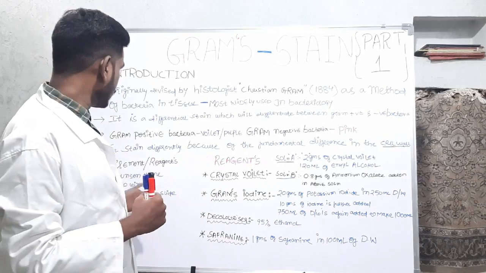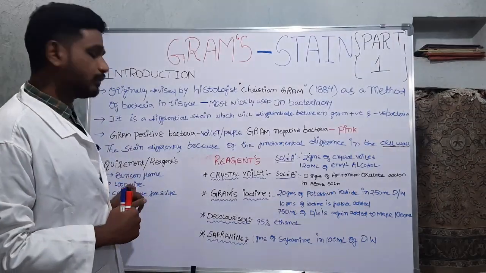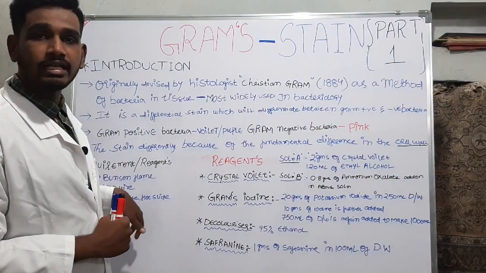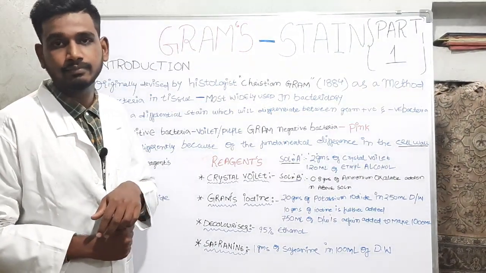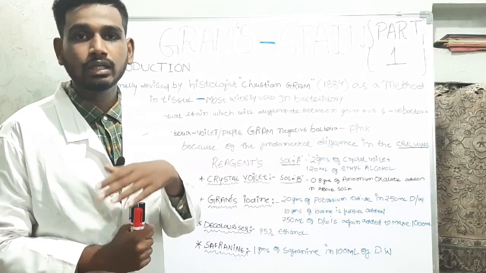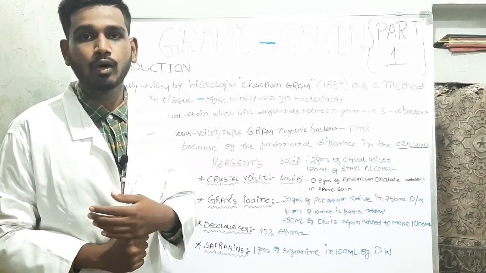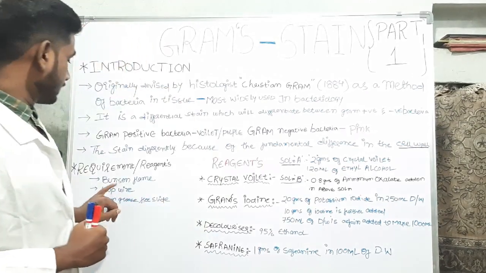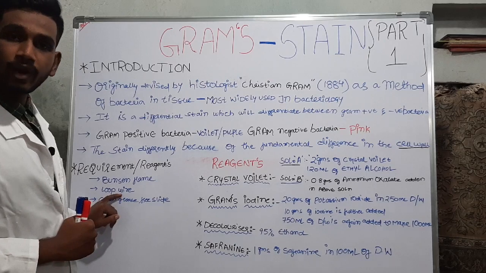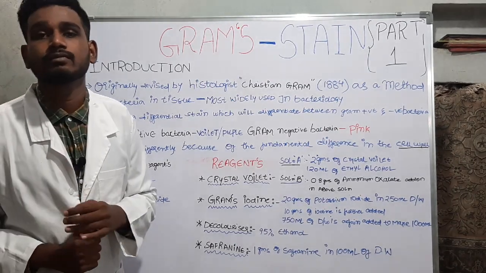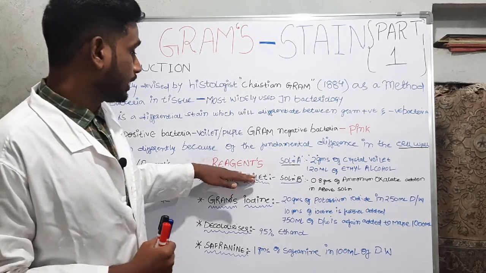Now, coming to the requirements and reagents for the procedure. In the requirements, you can see the Bunsen flame, loop wire, and clean grease-free glass slide. While doing the practical work, what you need for gram staining is a Bunsen flame, loop wire, and clean grease-free slide. Now, the reagents.